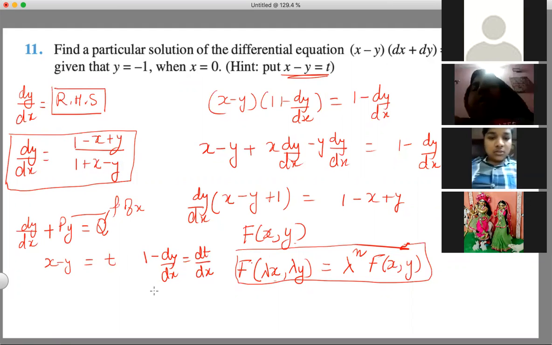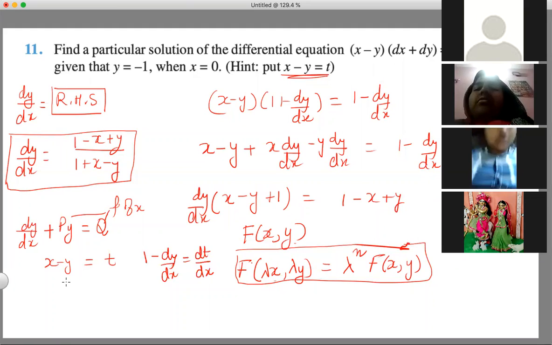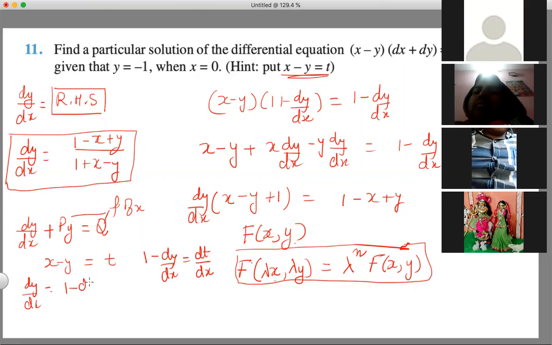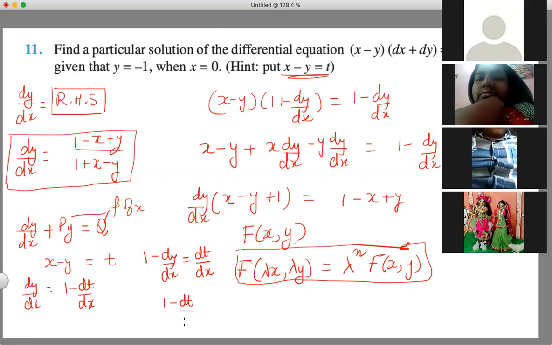Okay, or I can say dy by dx is equal to 1 minus dt by dx, right? तो अब यहाँ पे हम सब्स्टिट्यूशन कर लेते हैं. dy by dx क्या होता है? 1 minus dt by dx.